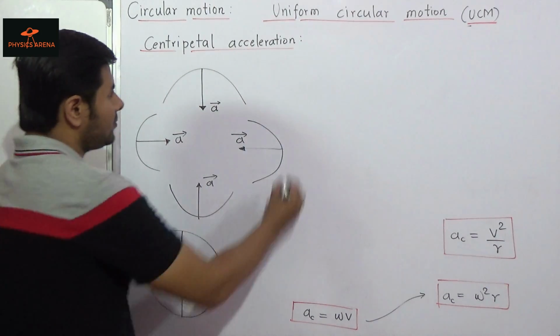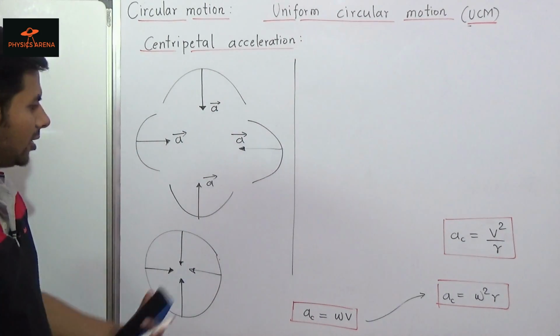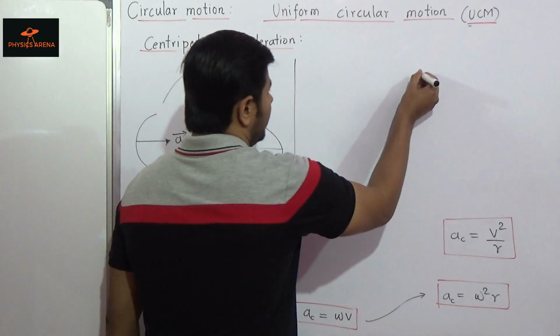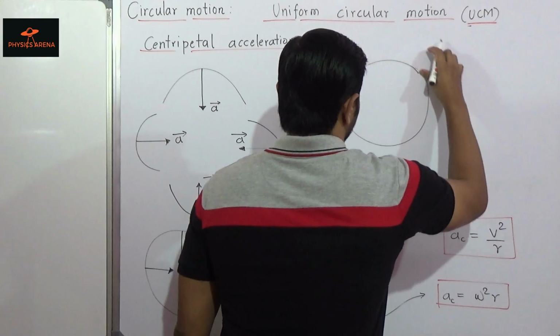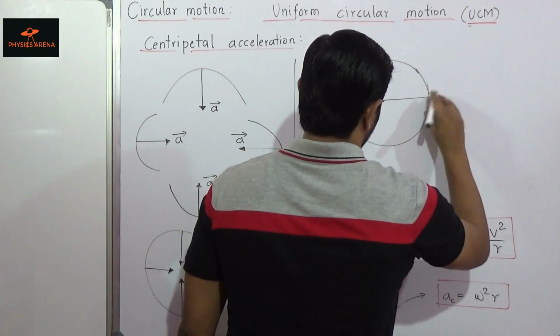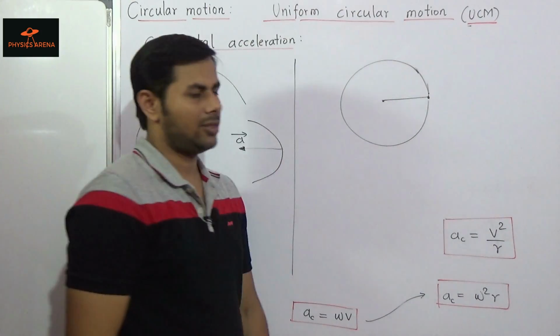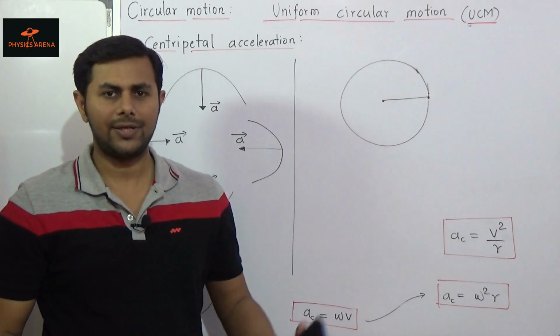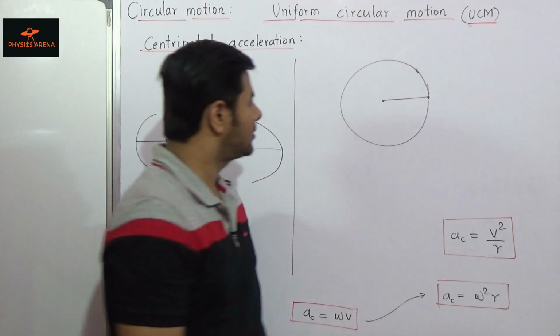Now let us argue in some other way also. Let's suppose that the acceleration is not directed along the radius and towards the center, it is directed in some other direction.